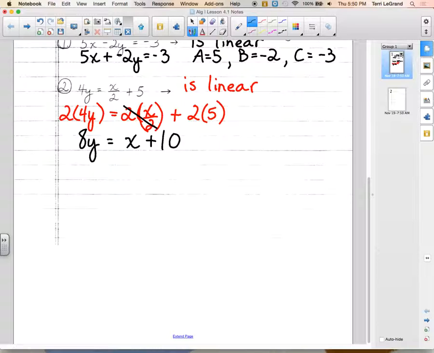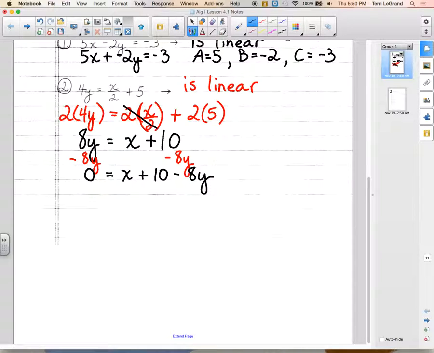So we're going to leave the x on that side because then it will stay positive, and instead we're going to move the y's over to that side with it. Let's start with that. Let's move the y's over. Subtract 8y from both sides. Now we have 0 equals x plus 10 minus 8y.